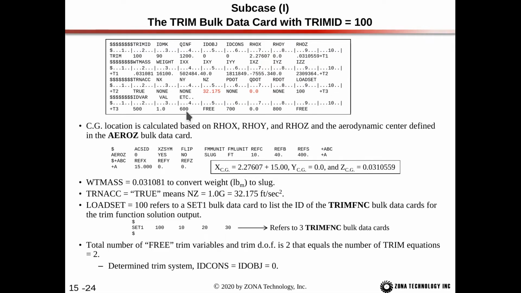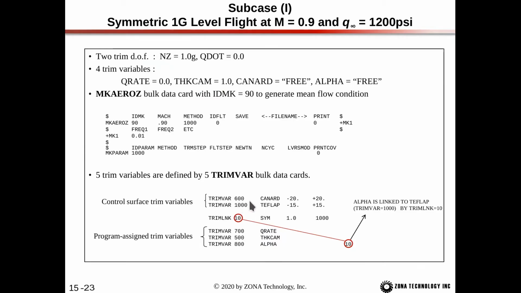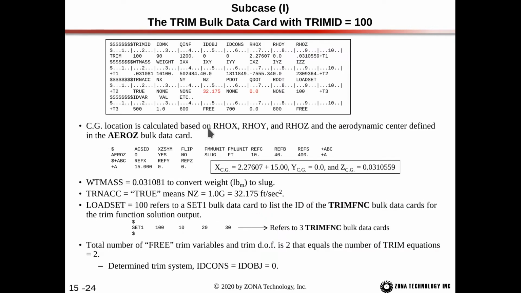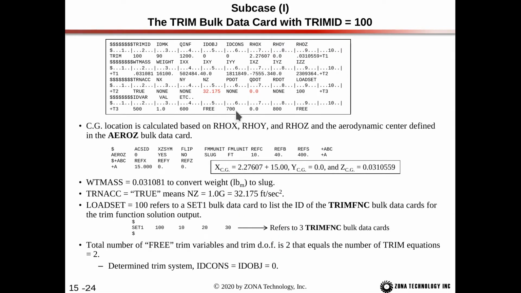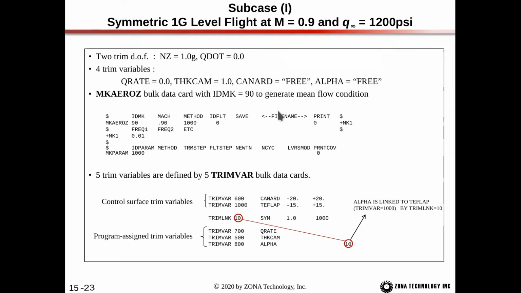Next we have 600. Let's see, 600 was canard. So canard is free, so we're going to solve for the canard. Next we have 700. 700 is Q rate. So we're setting that to be 0. And then 800 is alpha.